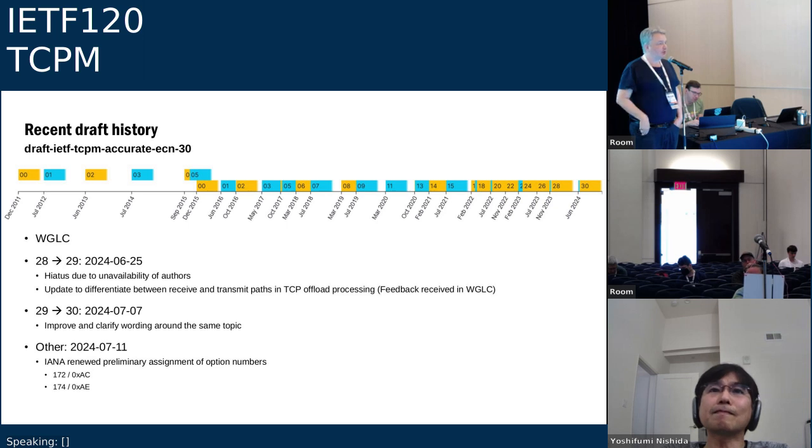If you do accurate ECN, you don't want the CWR bit to be modified. It's part of the 3-bit counter, and it should be copied over to every segment. On Intel cards, you can actually configure maps.